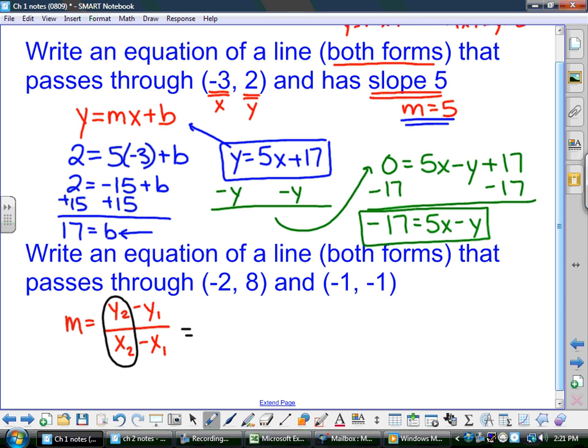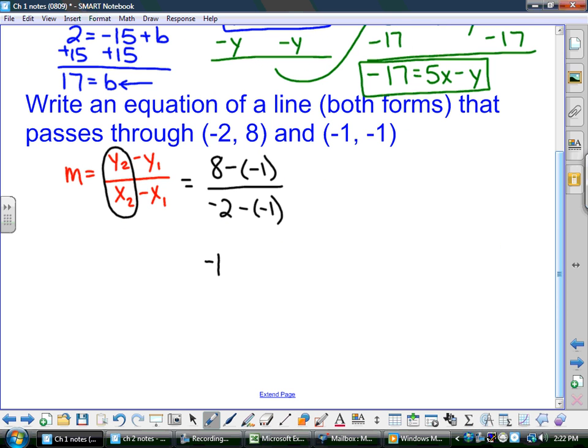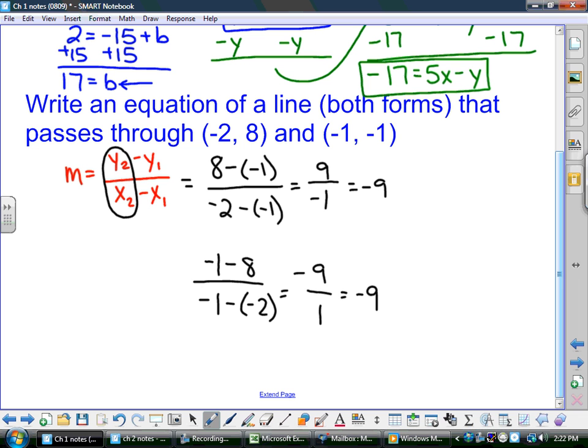So in this case, I could either do 8 minus negative 1 over negative 2 minus negative 1, or I could do negative 1 minus 8 over negative 1 minus negative 2, and either way, I'm going to get the same right answer. The slope of this line is negative 9, no matter which way you figure it out.